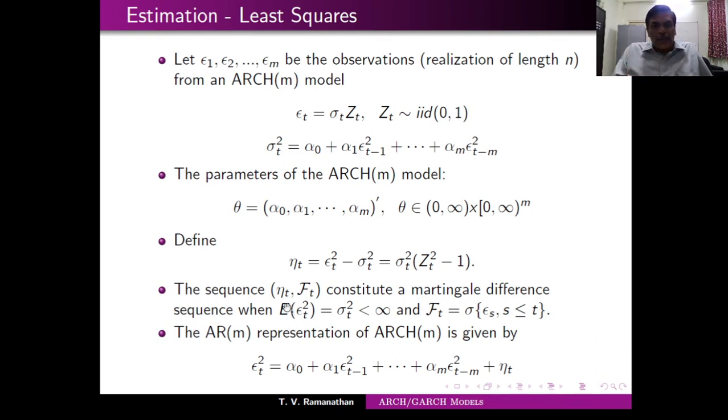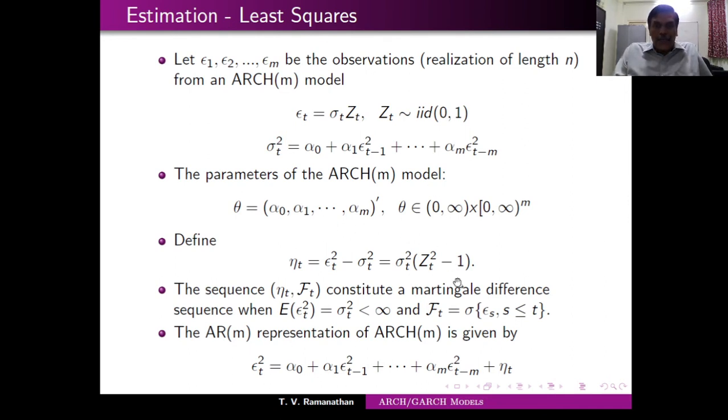That's what a martingale difference sequence is all about. What we are trying to do is write this equation in a stochastic manner, and the error that I am getting is slightly different from the usual IID error.